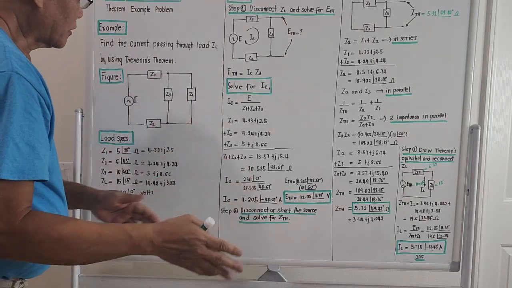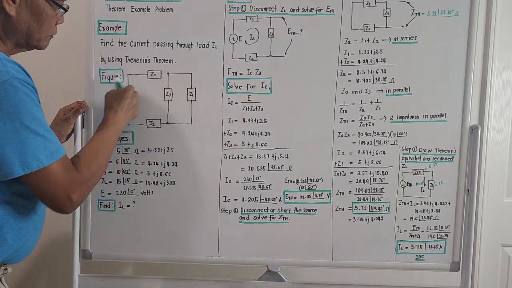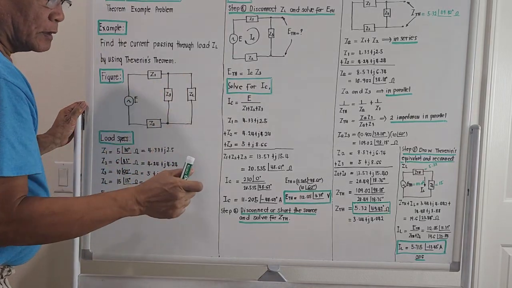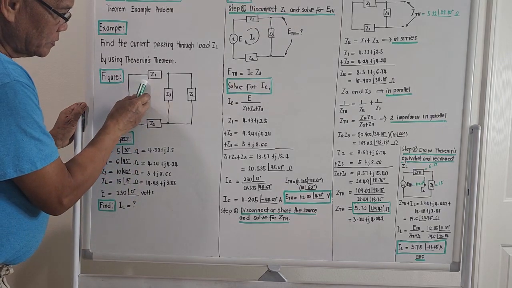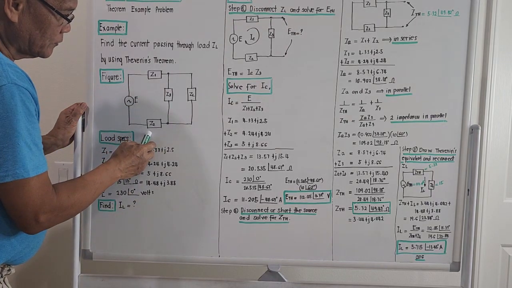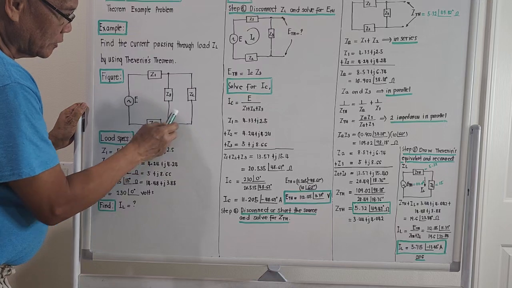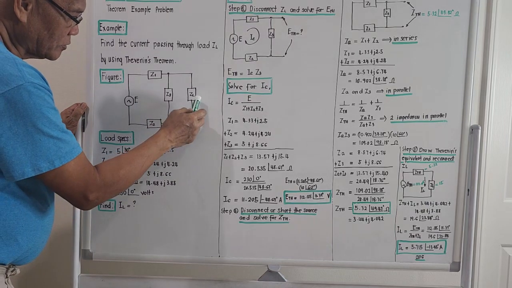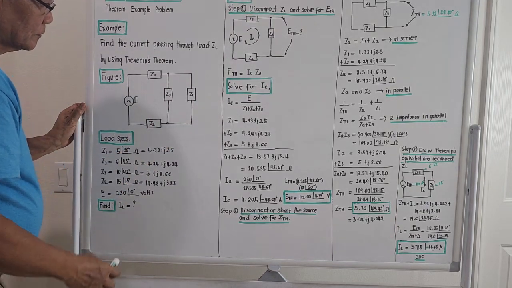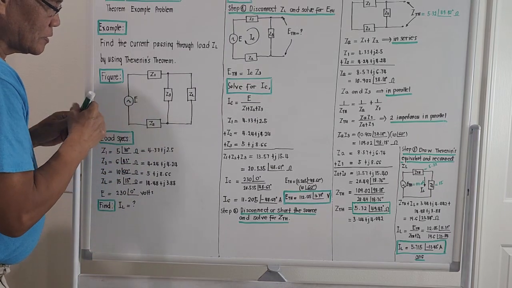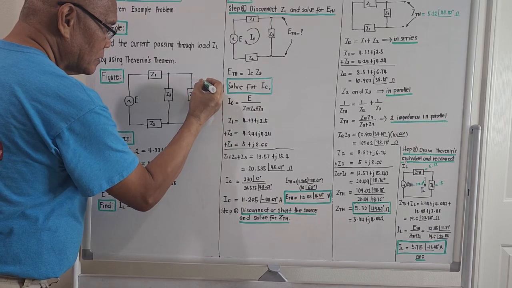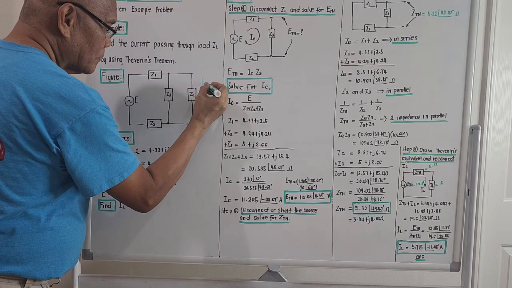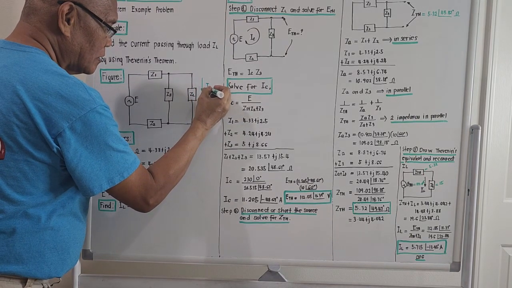We are given a circuit. This is the circuit, an alternating current circuit with Z1, Z3, and Z2, and connected across it is ZL. The problem is asking for the current passing through ZL.